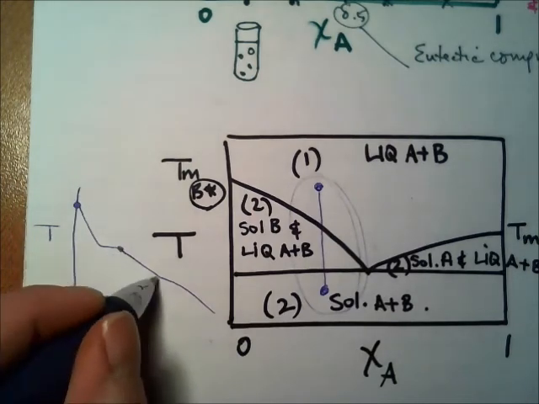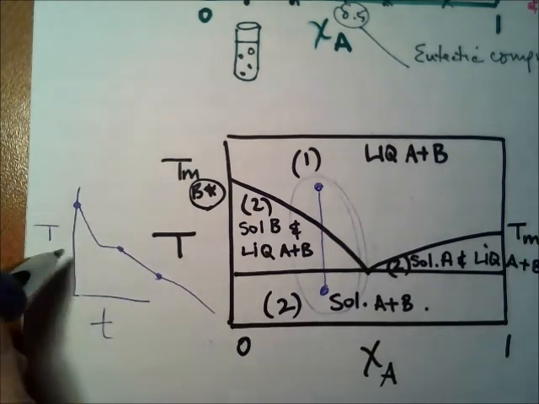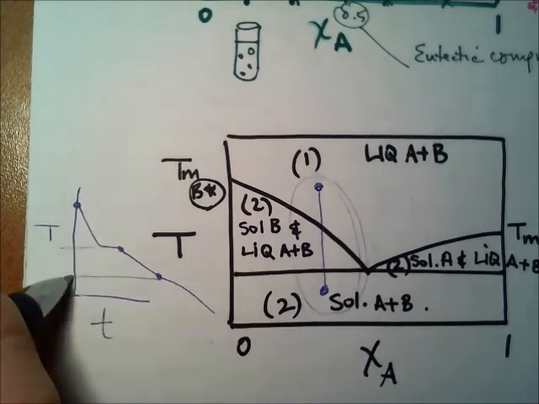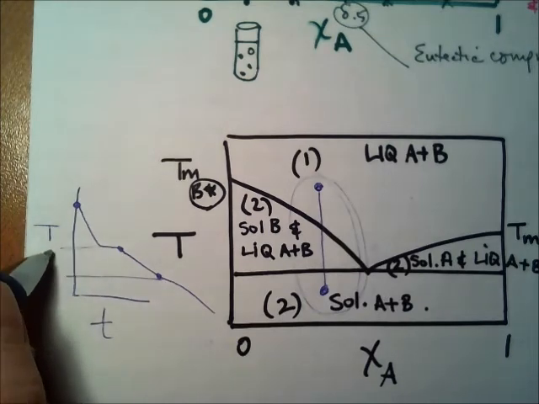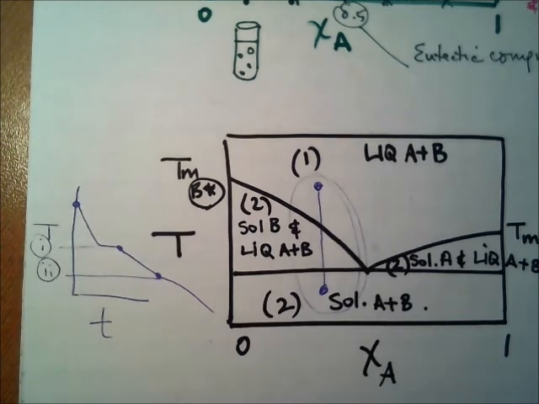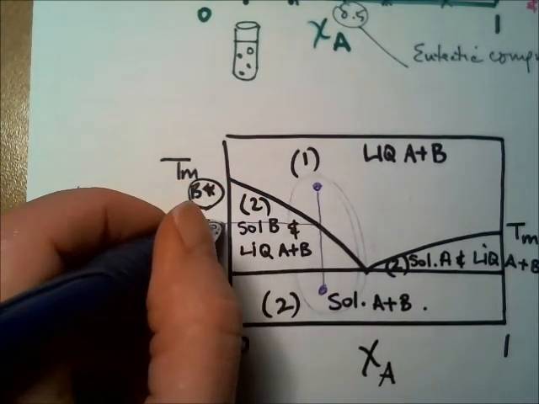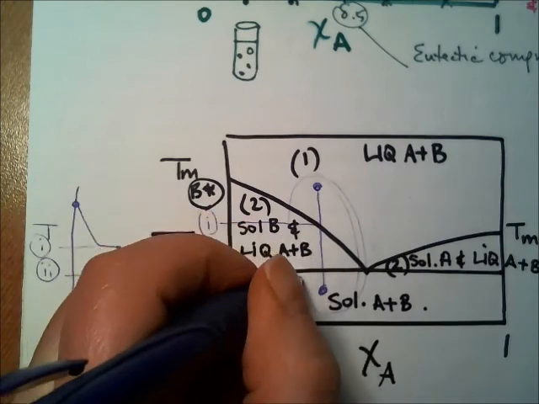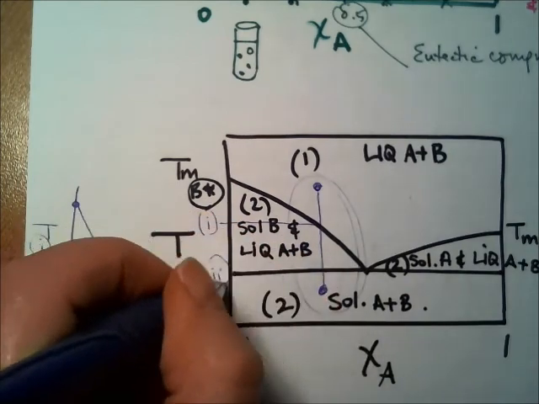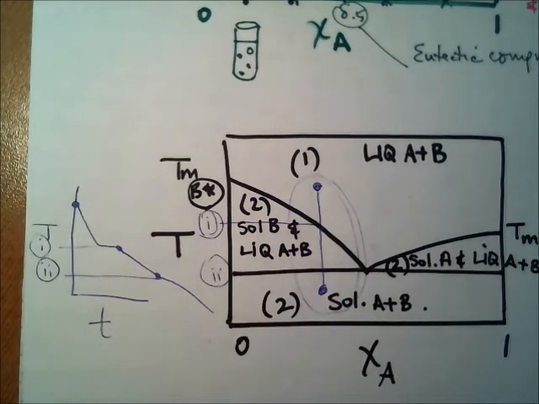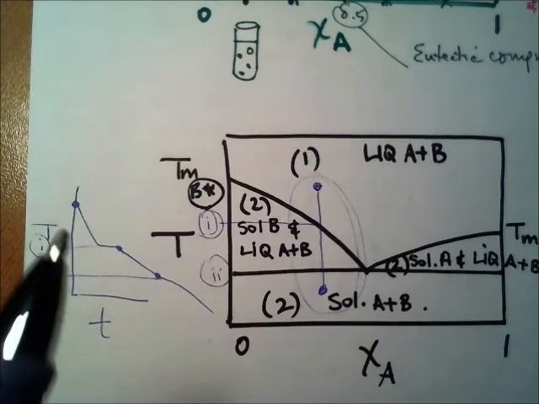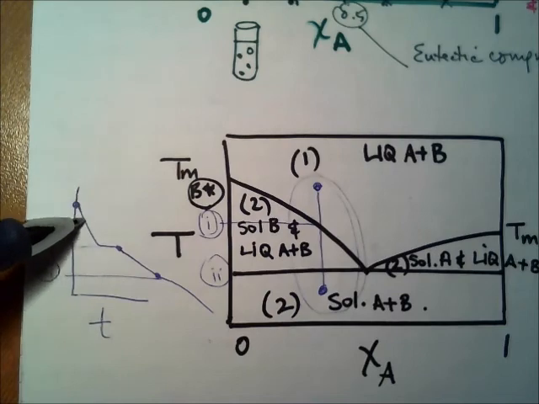So I see 2 points there. So there's my 2 points melting, 1 and 2, and that would correspond to this and this one here. Got it? Okay.